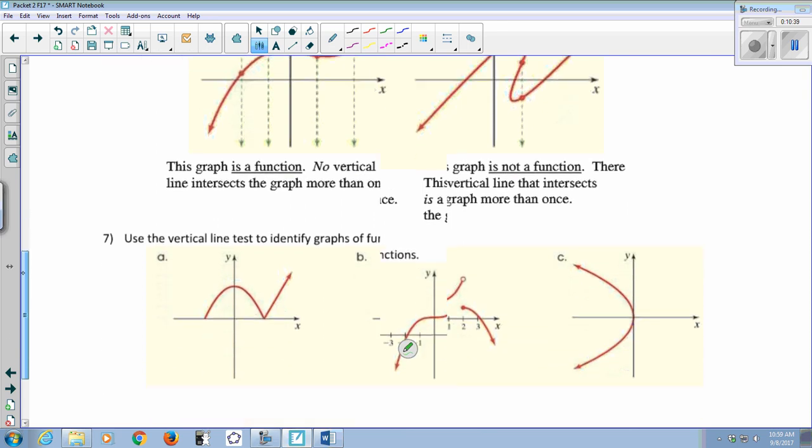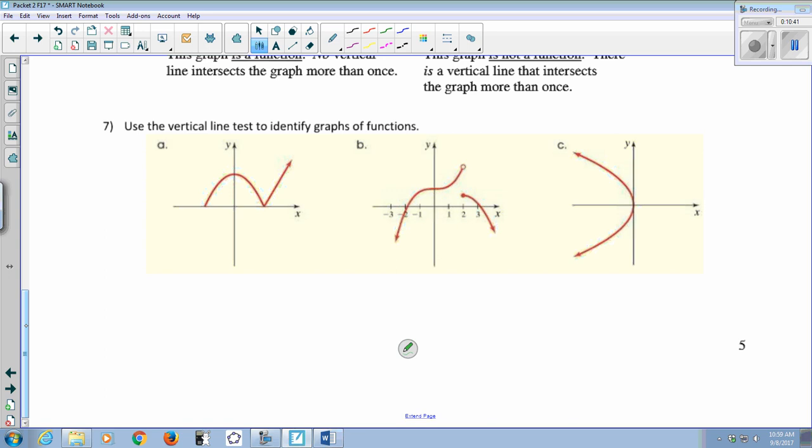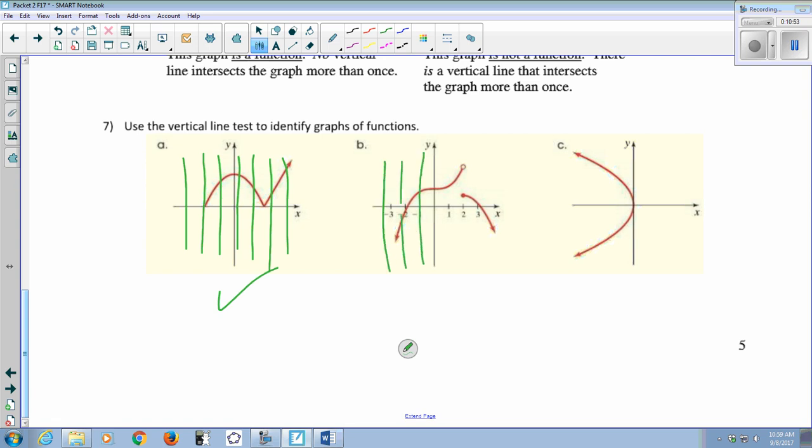So to use the vertical line test, in A, I'm just going to draw several vertical lines, never hitting more than once. That one's good, that's a function. And then B, drawing several vertical lines, seems to be fine. I have a little bit of a question right here, right?